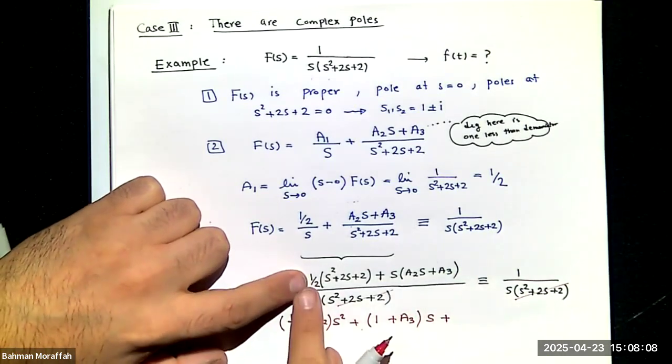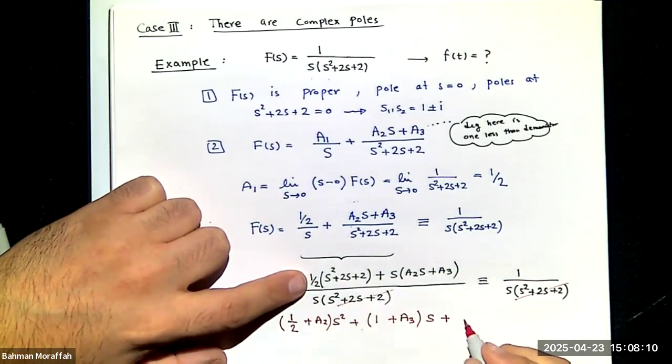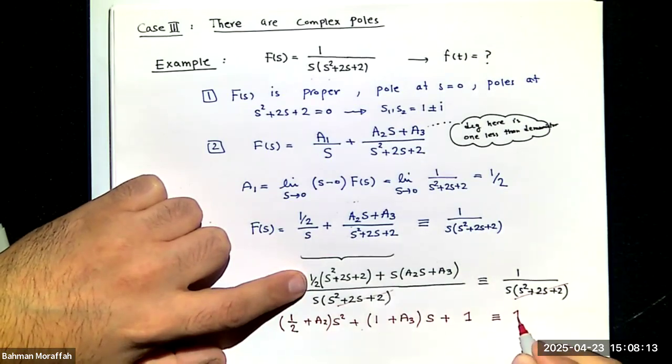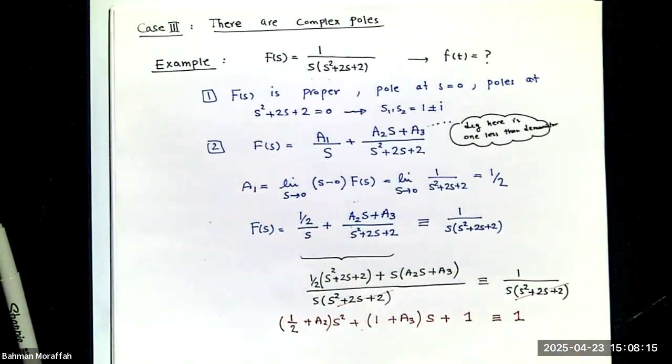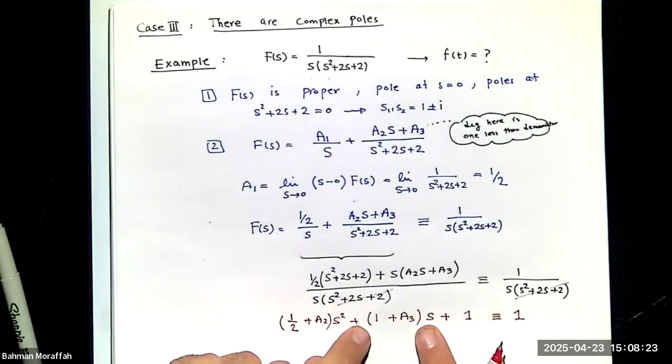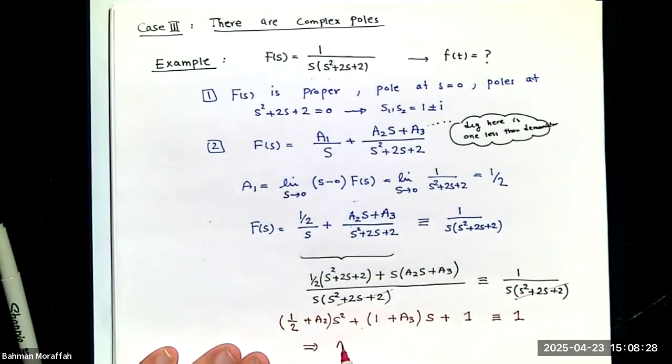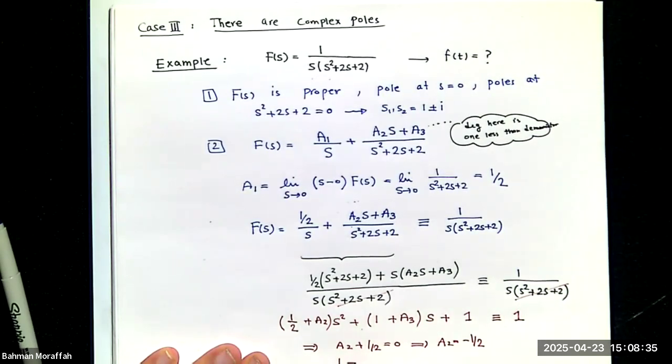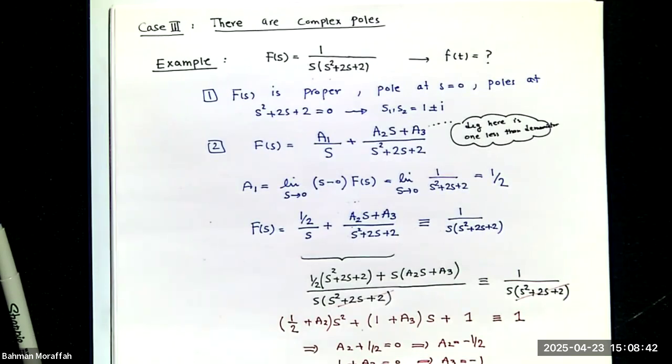And my constants, I only have one constant. It is 1. And that must be 1. If these two are supposed to be the same, what does that tell me? It tells me this coefficient must be 0, and this coefficient must be 0. So A2 plus one half must be 0. Therefore, A2 is negative one half. It tells me 1 plus A3 must be 0. Therefore, A3 must be negative 1.